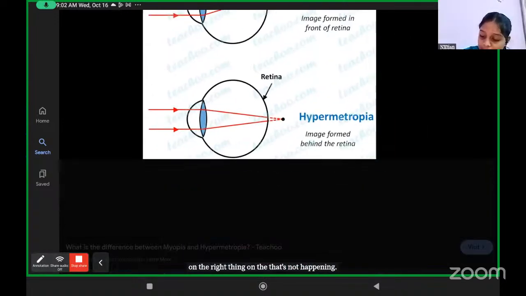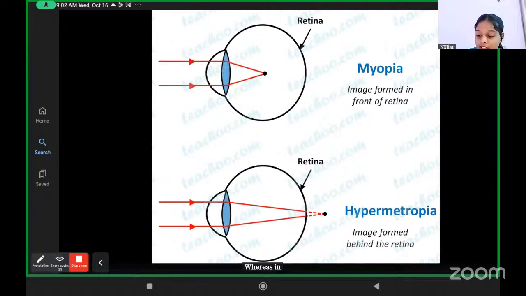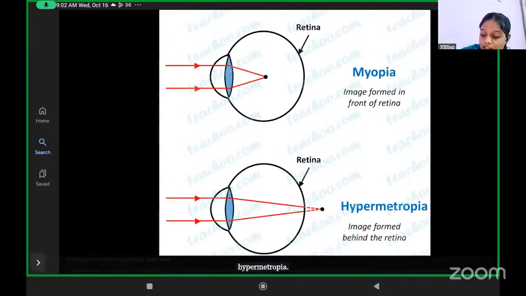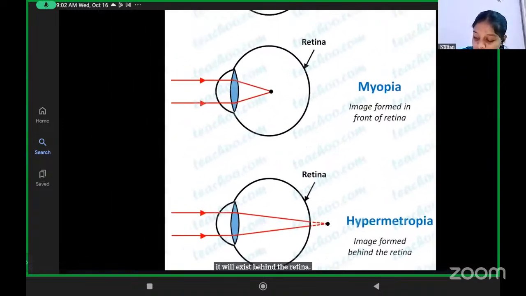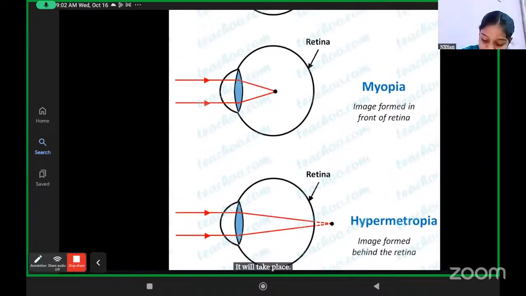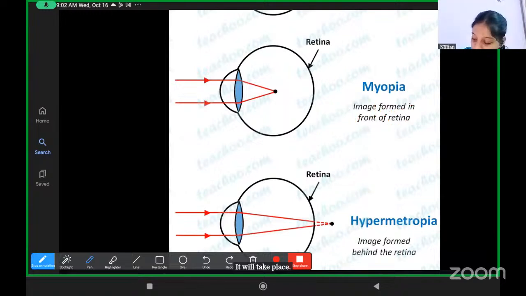Whereas in hypermetropia, it will take place behind the retina. So if it forms the image in front of the retina, then the light rays will cross after that, right?